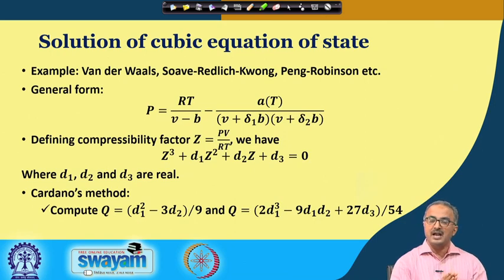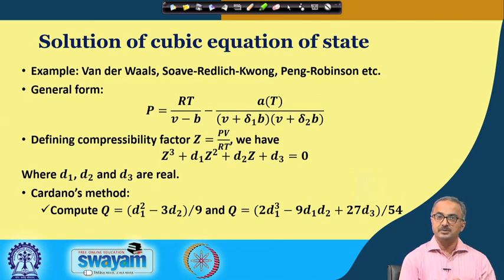Even though it is cubic and we have learnt all these methods to solve nonlinear algebraic equations, it is a special case because in the cubic equation of state we are basically trying to figure out the properties of the two phases, vapor and liquid, that may be coexisting, and even to ascertain whether at a particular temperature and pressure we have only one phase or two phases. So for this we adopt some special method.